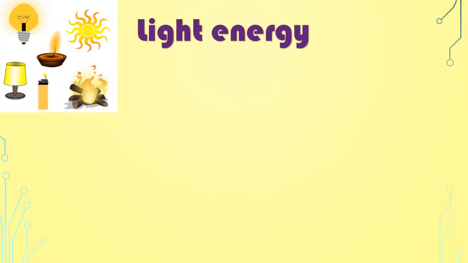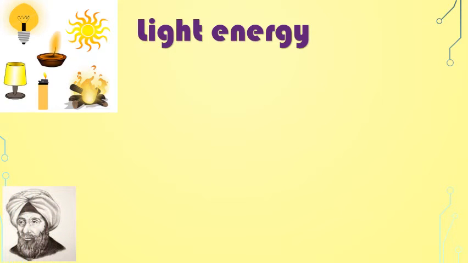After that, we have talked about sources of the light energy, and we said that we have 2 types, natural and artificial. Natural is a source that's made by God, and artificial, it is a source of light that's made by human or man. You can remember Al-Hassan ibn al-Haytham. He's the inventor of the idea of photographic camera.